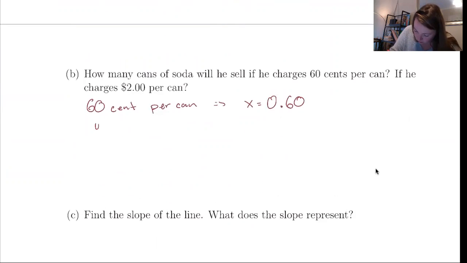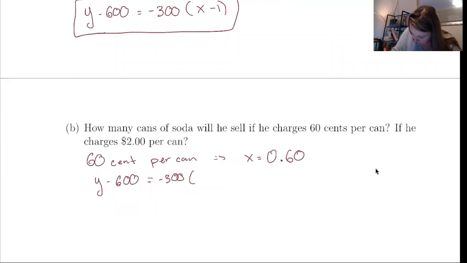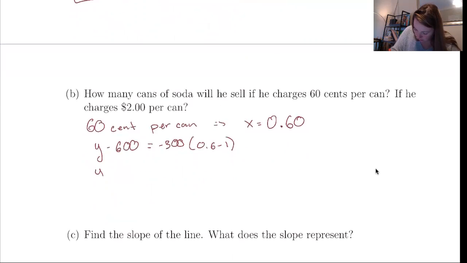So that would be y minus, what was it, 600 equals negative 300. X right now is 0.6, so 0.6 minus 1. So that's going to equal y minus 600. 0.6 minus 1 is negative 0.4 times negative 300.